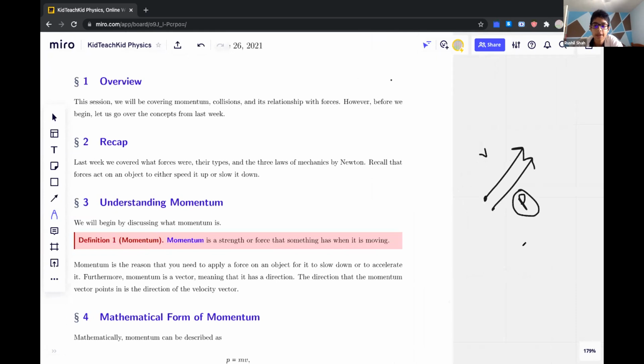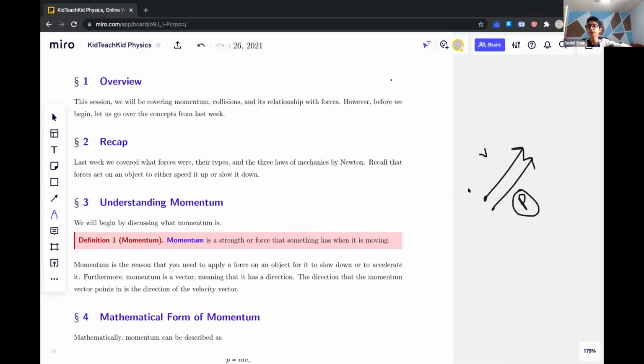Okay, does anyone have any questions so far? Okay, I see. What can you use momentum for?